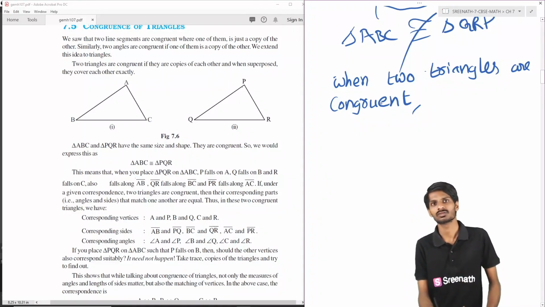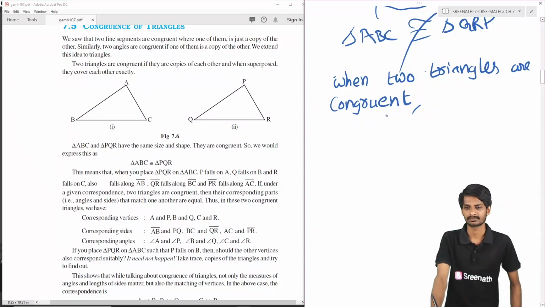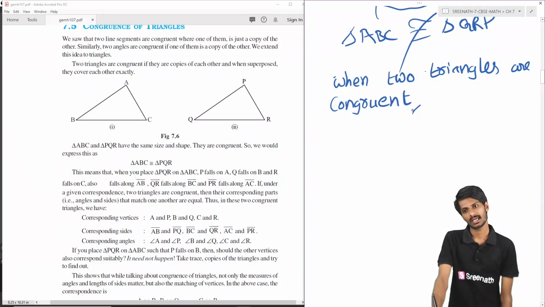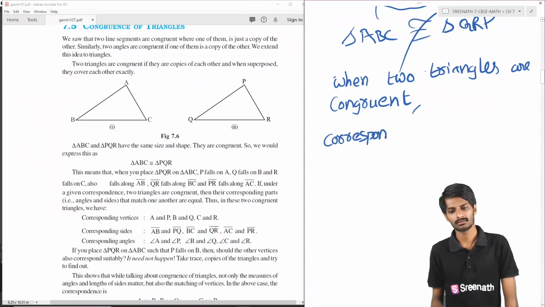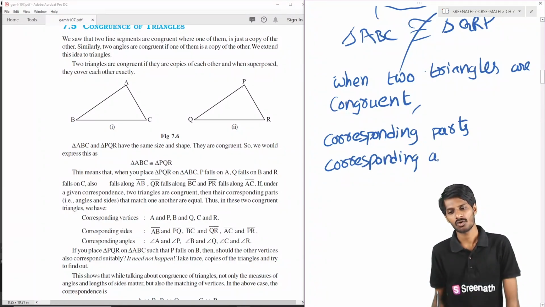Corresponding parts are congruent, corresponding angles are congruent.